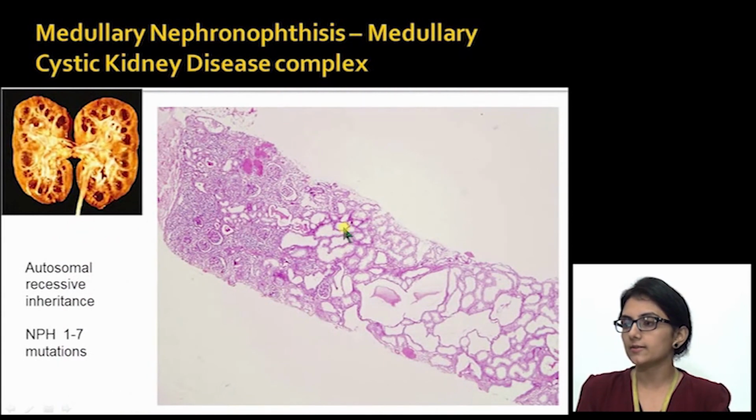In genetic causes, we have medullary nephronophthisis, the MCKD complex or medullary cystic kidney disease complex. This is autosomal recessive inheritance associated with mutations in the NPH gene, and you can see these medullary cysts both on gross and microscopy, and the tubulointerstitial nephritis in the background.